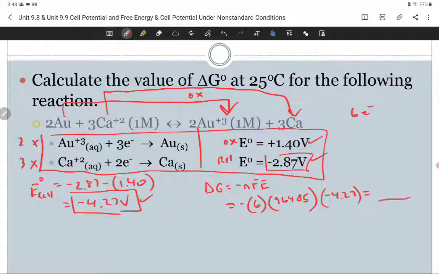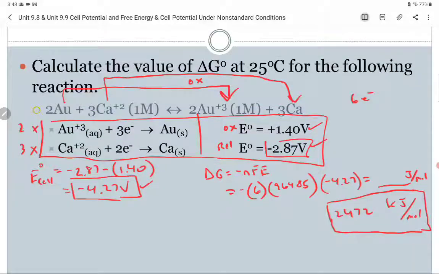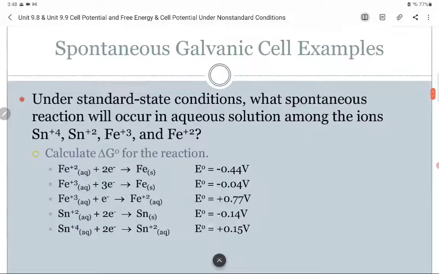So our units will be joules per mole. Now, it's going to give you a gigantic number, so most people are going to divide that by 1,000 to get into a kilojoules number, which I'm going to also do here because I don't want to write out all those zeros or the times 10 part of it. So there's the answer, and it is a positive. So again, it shows that it's not thermodynamically favored. Takes energy to make that reaction occur.